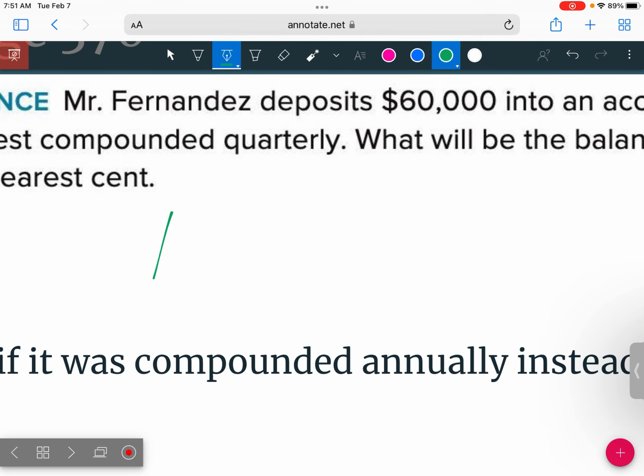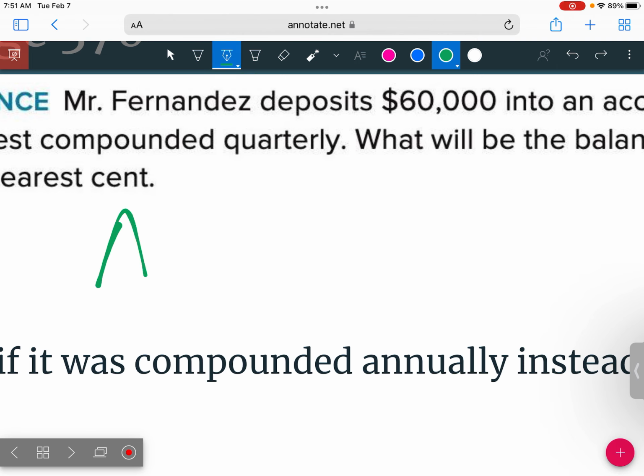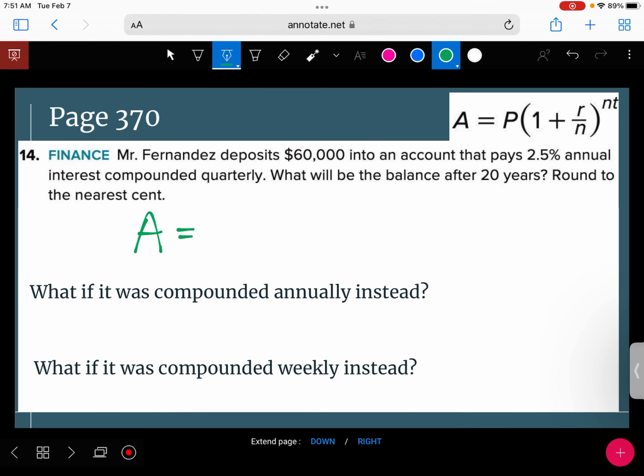All right, so A equals blah, blah, blah. We'll figure that out in a second. What will the balance be after 20 years, rounded to the nearest cent?